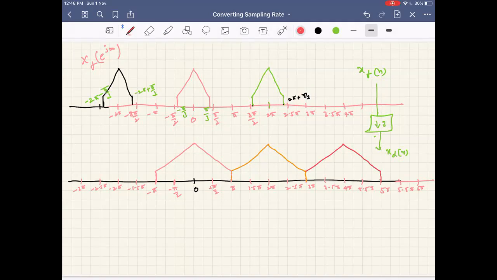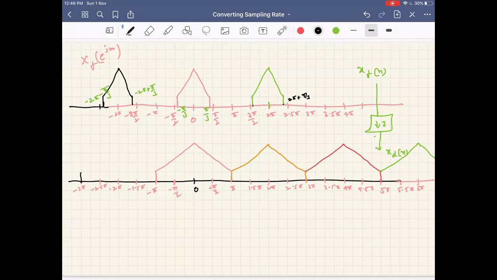Now, where does the spectrum corresponding to this green one lie? At 6 pi. And hence it comes here, right? And then it goes like this. Similarly, it will have its 3 replicas. And similarly the black one will have its replicas, and one replica will come from around minus 2 pi, that is, from minus 2 pi minus pi to minus 2 pi plus pi.